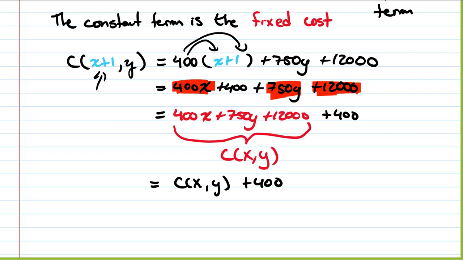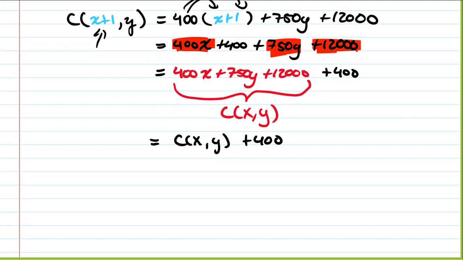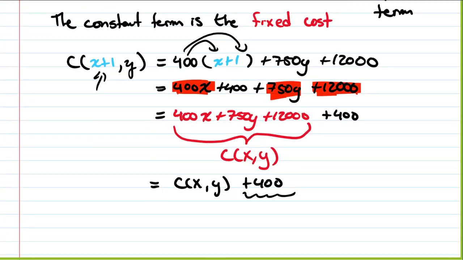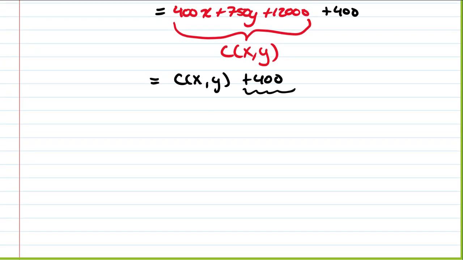So in essence, what does that represent in terms of this function? Well, what is the difference in cost of manufacturing x laptops versus x plus 1? So this represents right here the cost of manufacturing one more of the laptops represented by x, or the E271s.